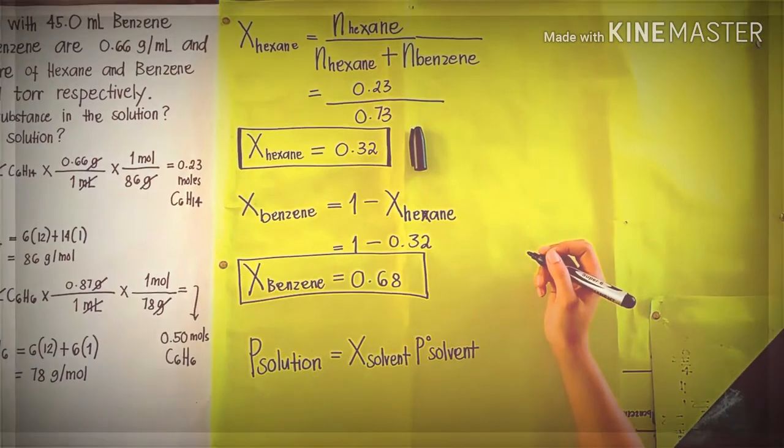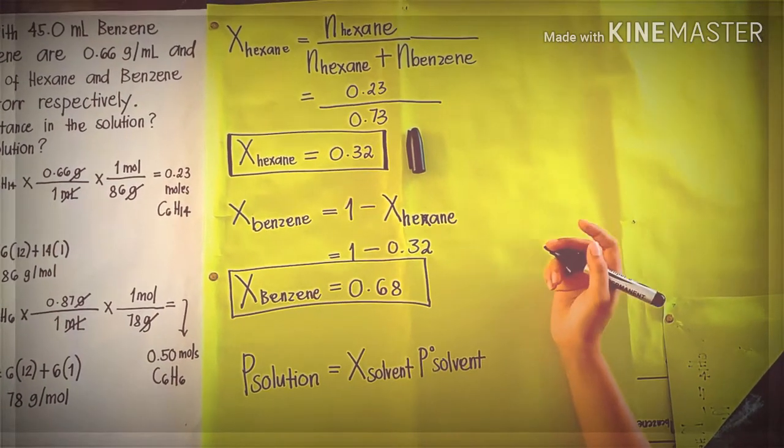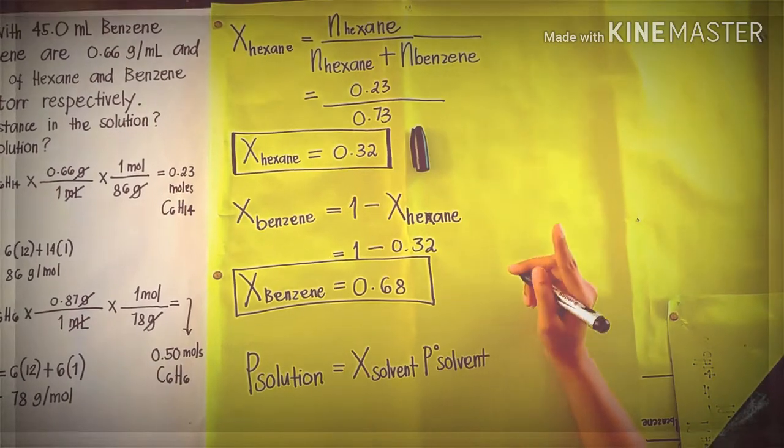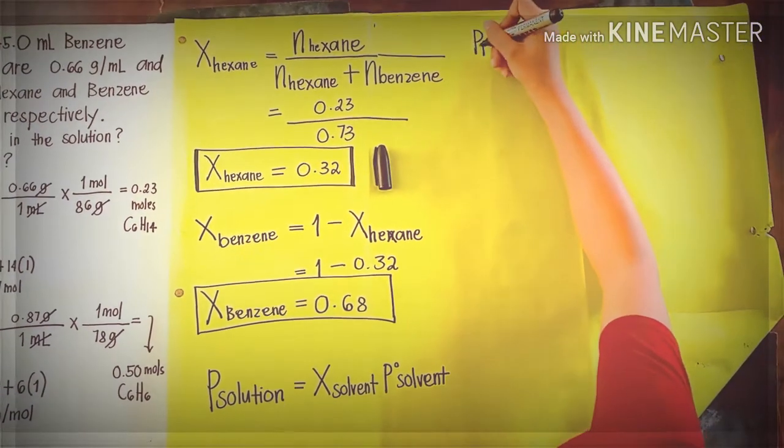Notice that in this problem we have 2 volatile substances that are mixed, so each pressure component of the mixed solution is added together to find the total vapor pressure. So we go to this equation.